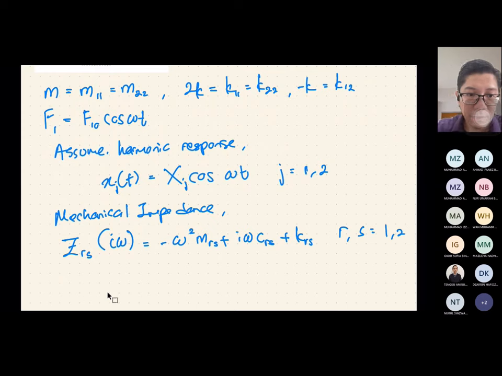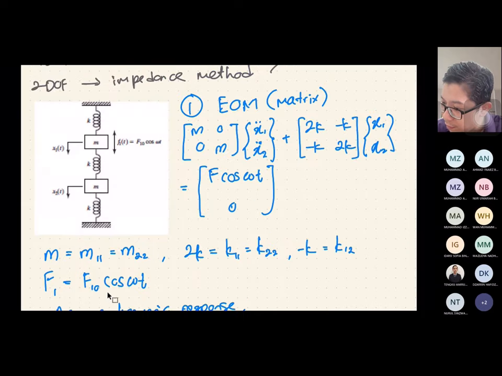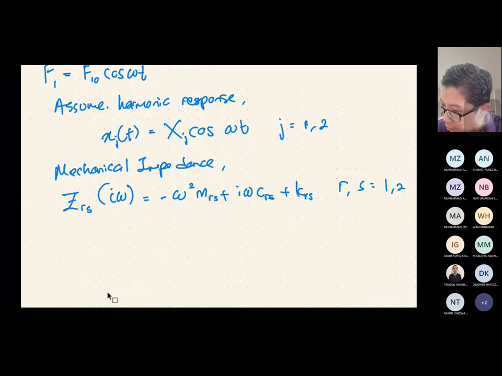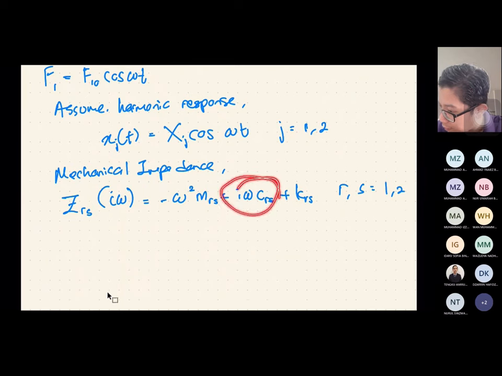Now, over here we do not have any dampers, so you don't have to deal with the i omega c_rs. So only omega squared m_rs and k_rs.